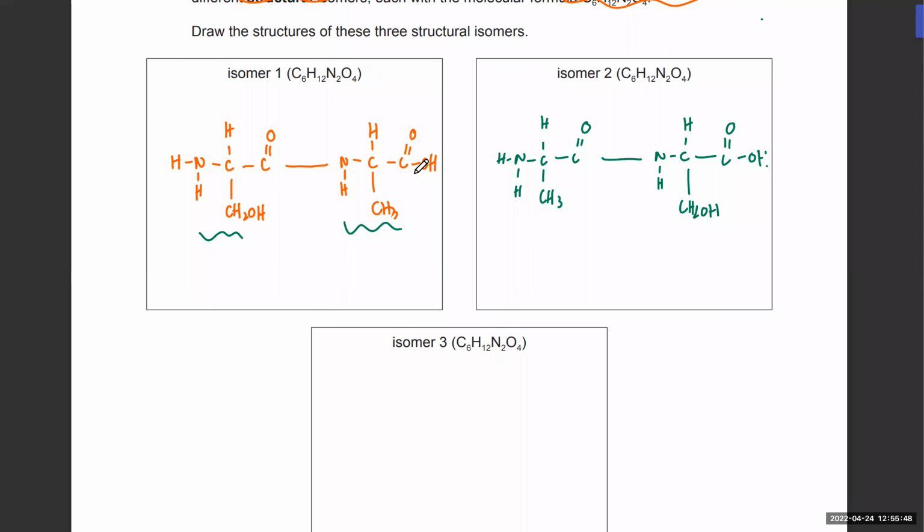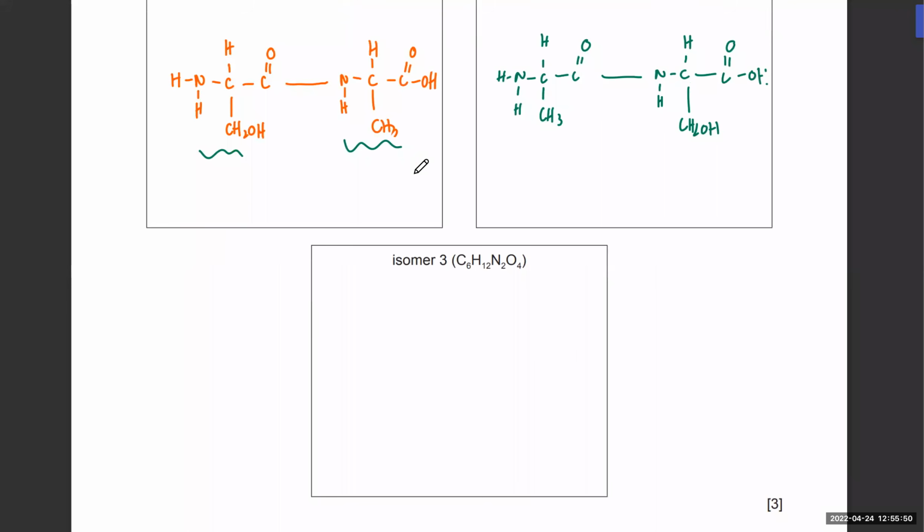So what's the third one? The third possibility is that one of the molecules has a carboxylic acid group and the other has an alcohol group, so they can react together to form an ester link. That is not going to be a peptide, because it won't have an amide link. The third possibility would be the CH2OH group, that is the group going to the double bond O and OH, and the other molecule's carboxylic acid.